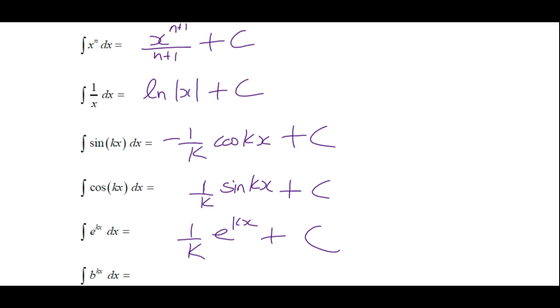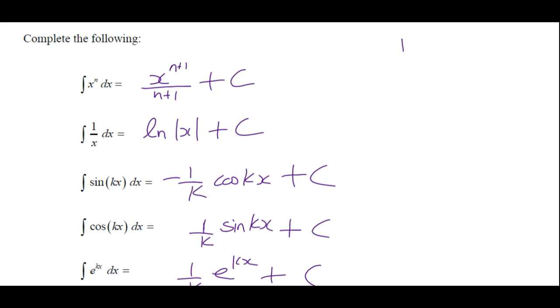Let's say b is equal to e to the power of what? Natural log b. We're saying, what do we raise e to, to get b? Well, the inverse of e, so the natural log of b. So b is equal to e to the ln b.